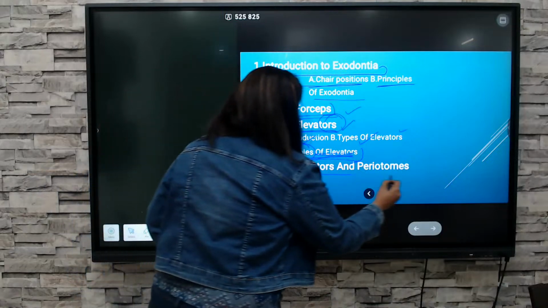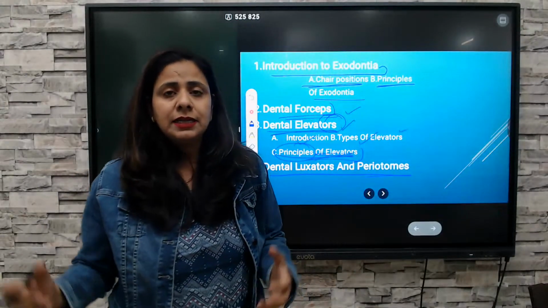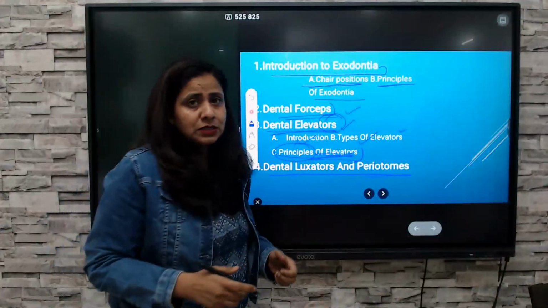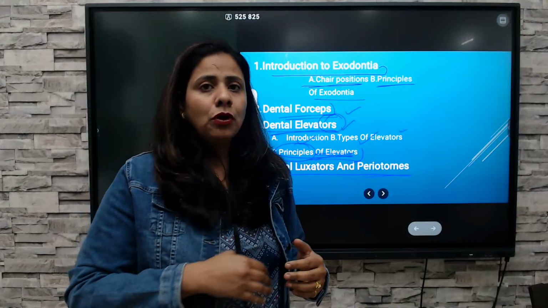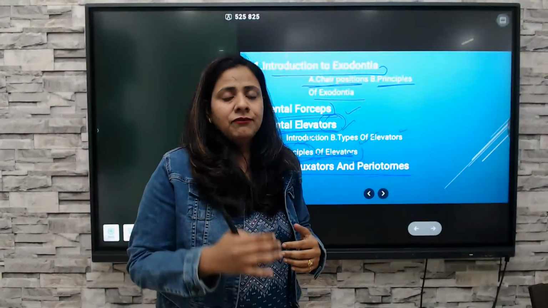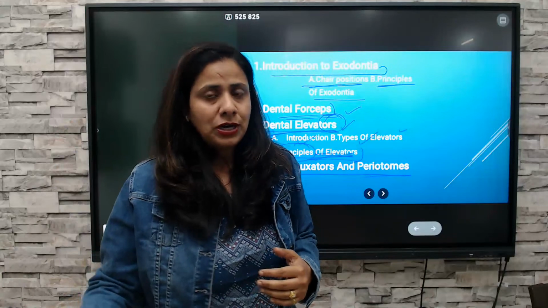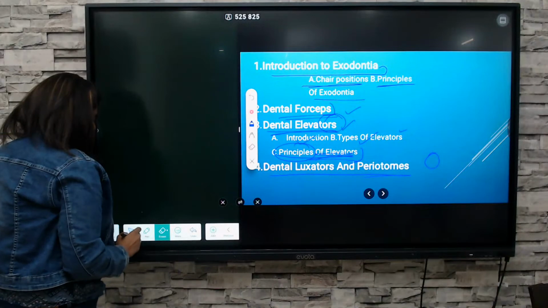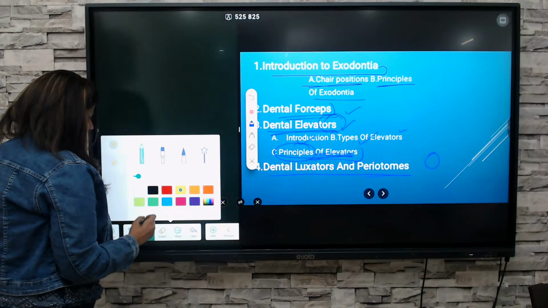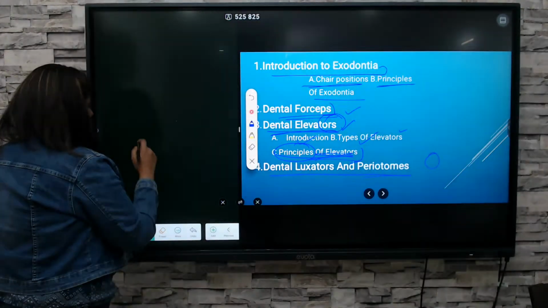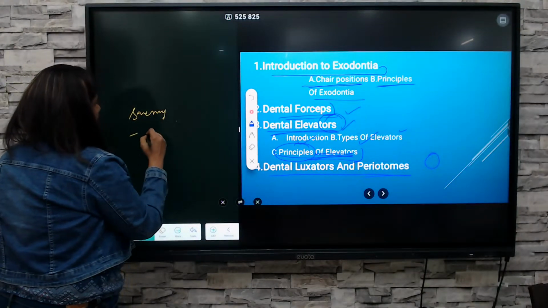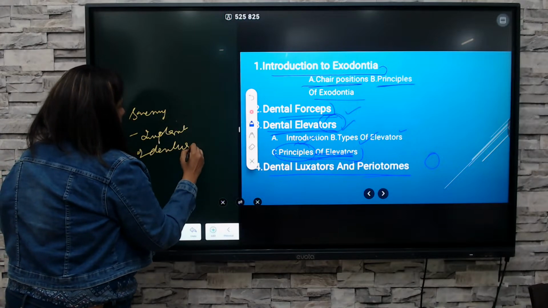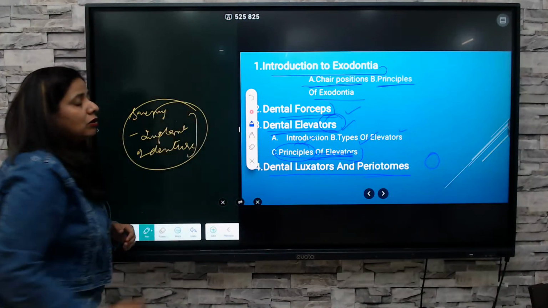Then, of course, these days we are practicing atraumatic dentistry. We are not into traumatic one because we need to preserve the bone. We do not do a lot of bone cutting these days. We do a lot of atraumatic extraction because I want to save my bone for my implant procedure, for my denture, and I don't want to do a lot of bone cutting.